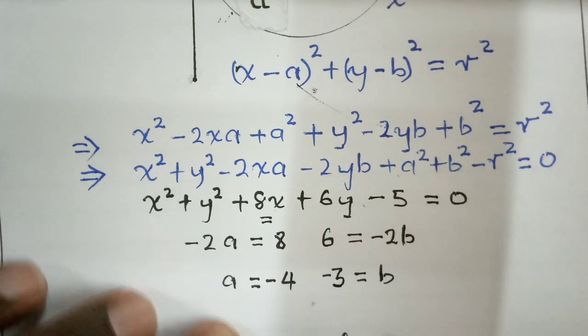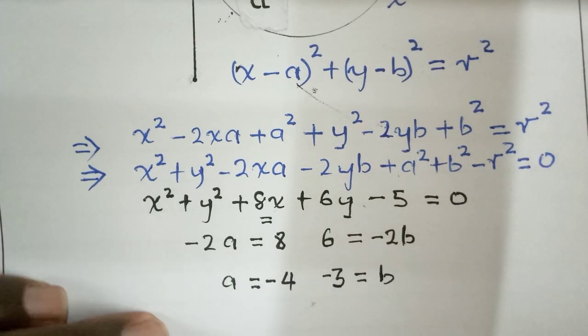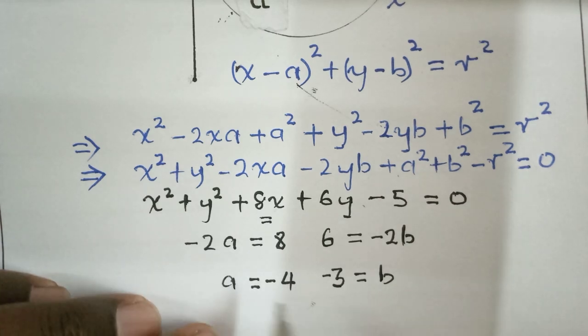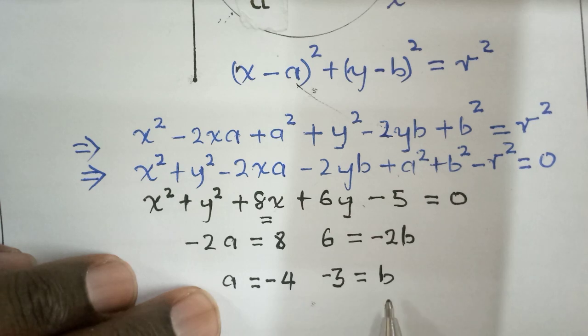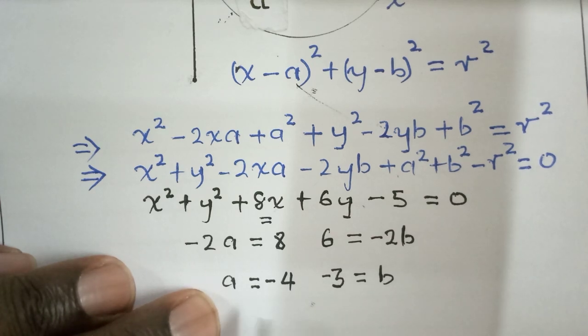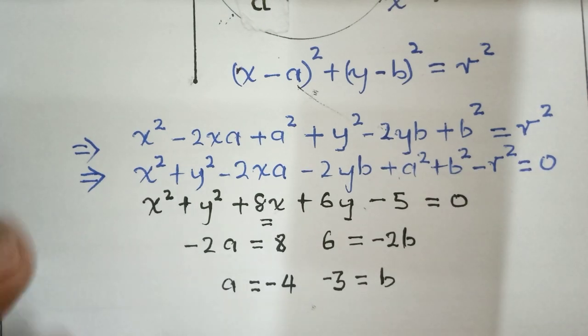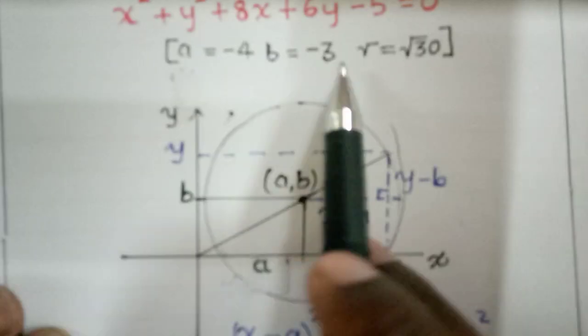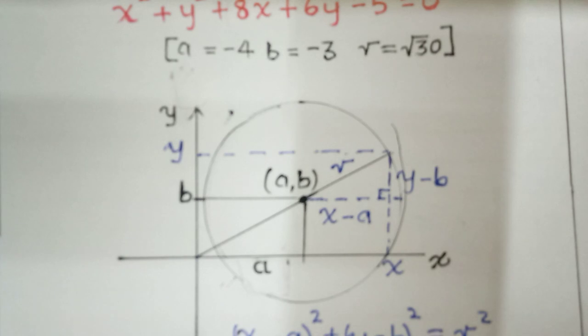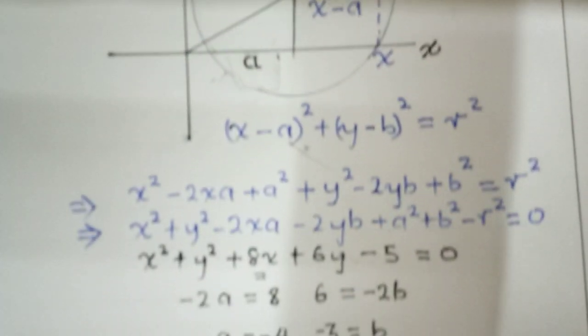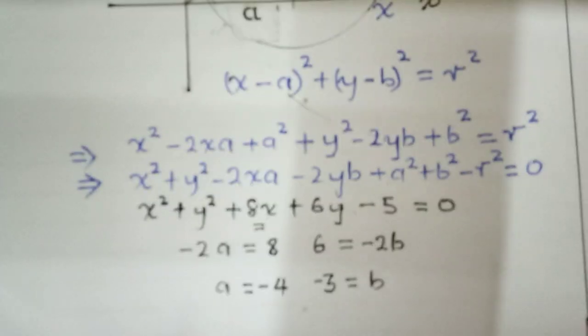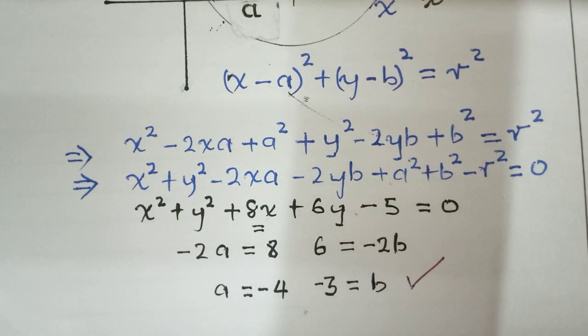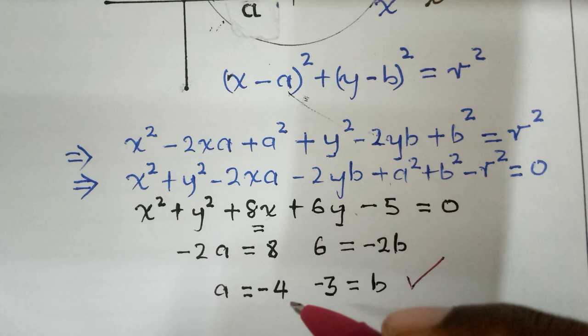So these are our solution for the coordinates of the center of a circle, that is A and B: negative 4 and negative 3, as we can see given here. So that is correct for us, and this is also correct.